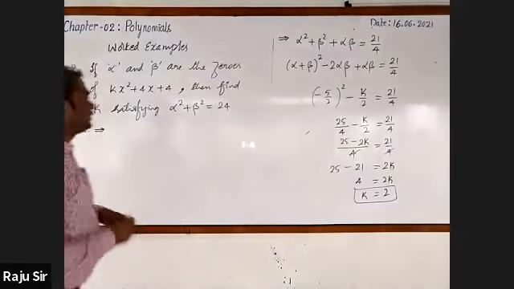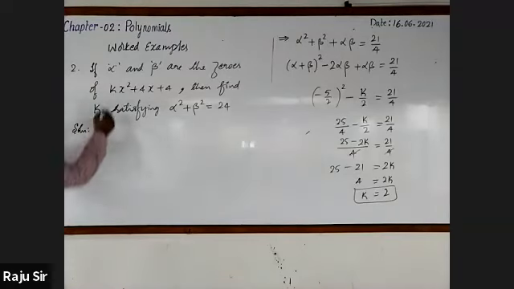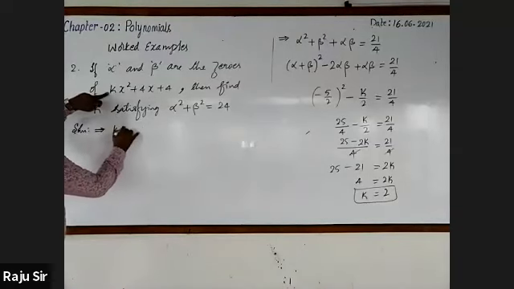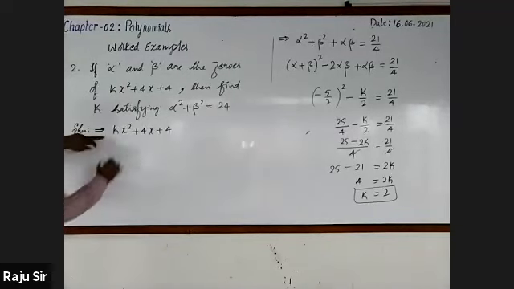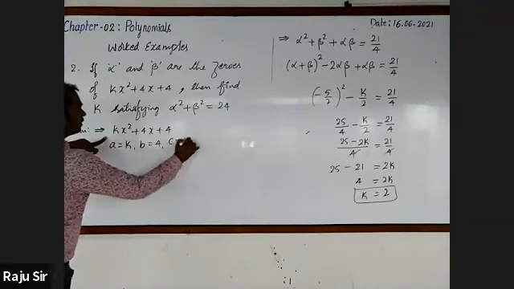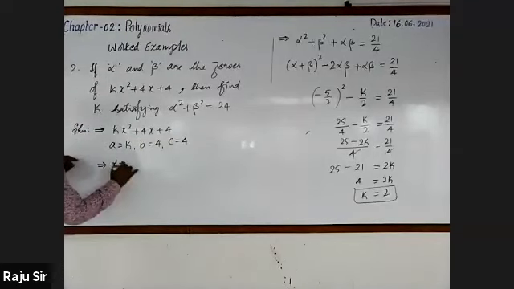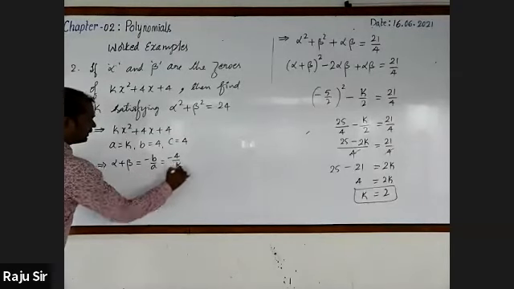Right. We want both alpha plus beta and alpha into beta. I'll write the given polynomial. It is kx square plus 4x plus 4. Write quickly. a is k, b is 4, and c is 4. Then alpha plus beta is minus b by a, which is minus 4 by k.